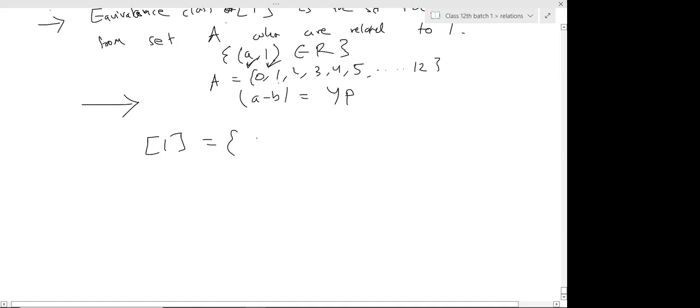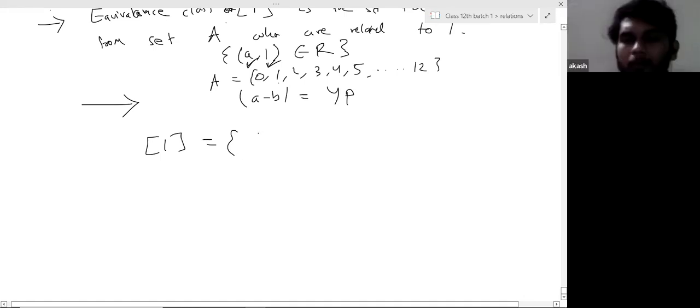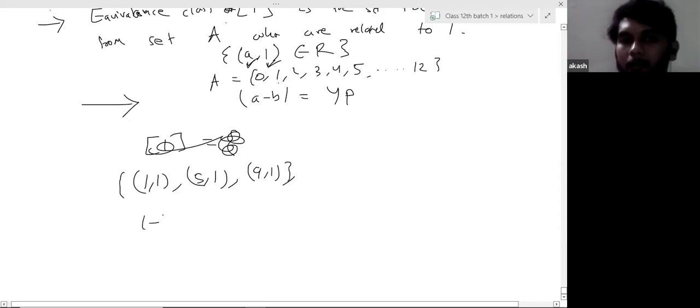So (1, 0). No, not 0. See, if you have to write all the ordered pairs, (1, 1) is there, and (5, 1) is there, and (9, 1) is there, and that is all, right? (1, 1): the difference is a multiple of 4. (5, 1): 5 minus 1 is a multiple of 4. And (9, 1): 9 minus 1 is a multiple of 4.